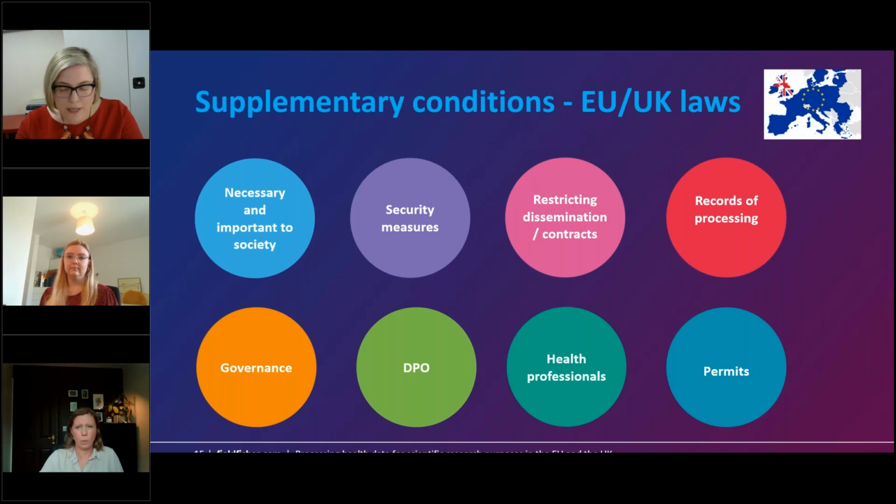The GDPR also sets out that the processing of personal data for research purposes must be necessary for the intended purpose. Furthermore, there is another section of Article 9 which sets out that additional conditions may be set out by local law in relation to the processing of health data for any purpose. So this is the GDPR foreseeing that for the purposes of processing health data for any purpose, there might be some additional local law regulation.